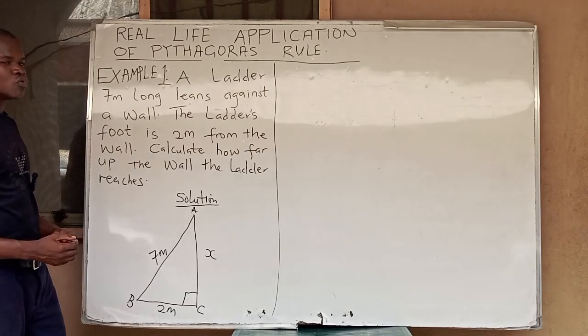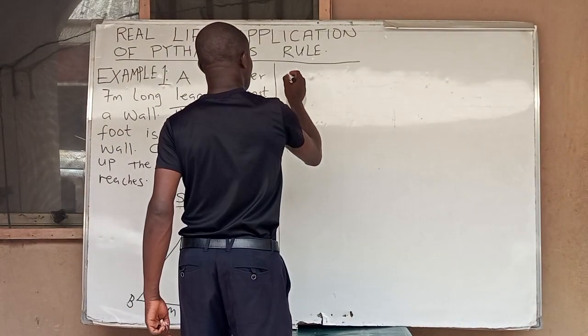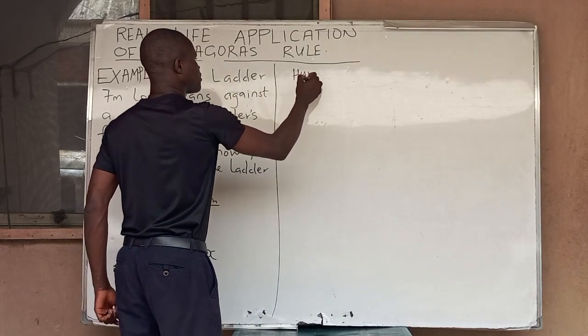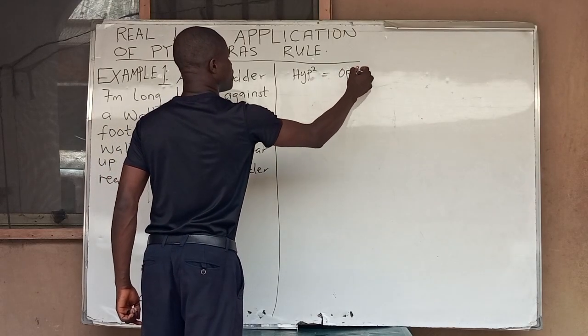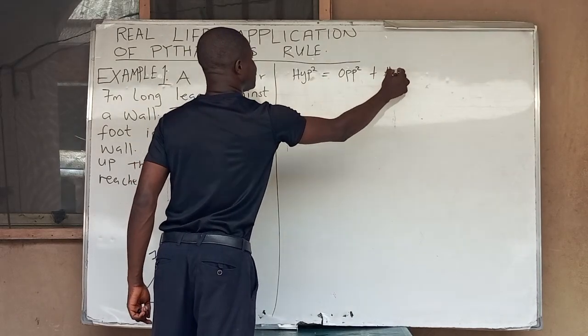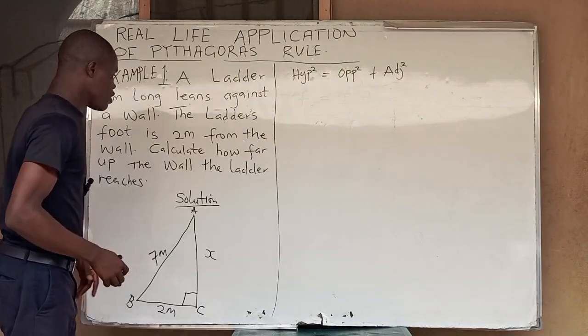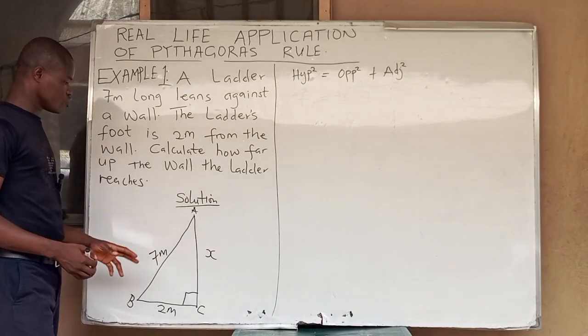The next thing to do is to write down your Pythagoras rule. Your Pythagoras rule states that hypotenuse square is equal to opposite square plus adjacent square. After writing your Pythagoras rule, the next thing is to substitute.